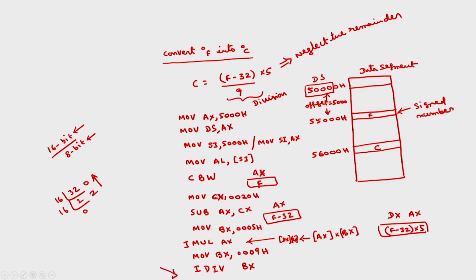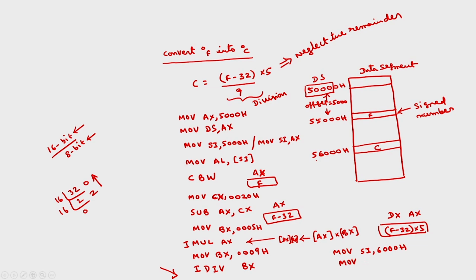So after this DIV instruction, the remainder will be in DX, which I am not interested in, and the quotient is in AX, that I am going to store into this location. For that I am writing MOV SI, or BX, any register you can take, SI comma 6000H, MOV.